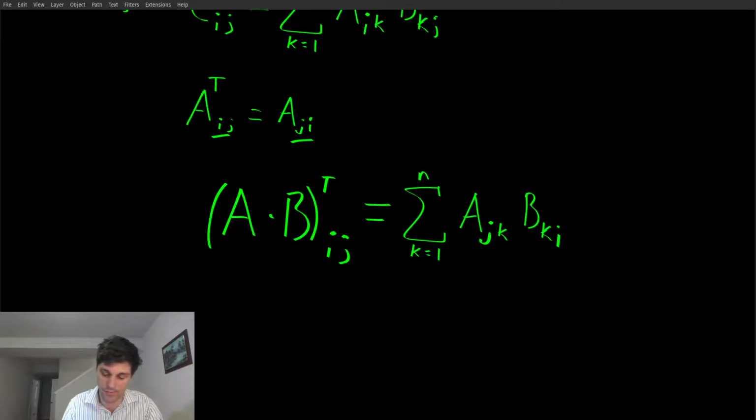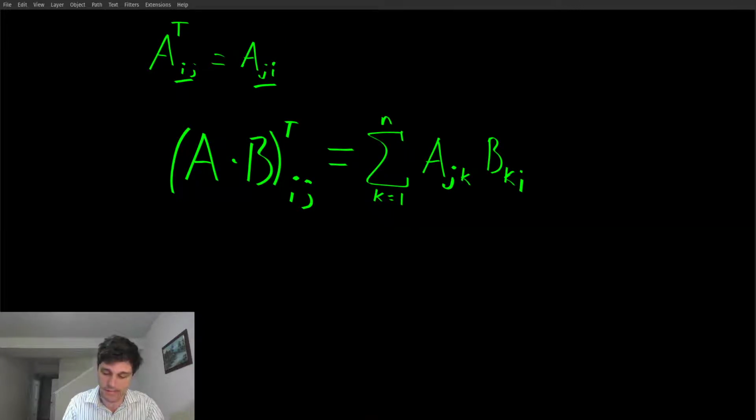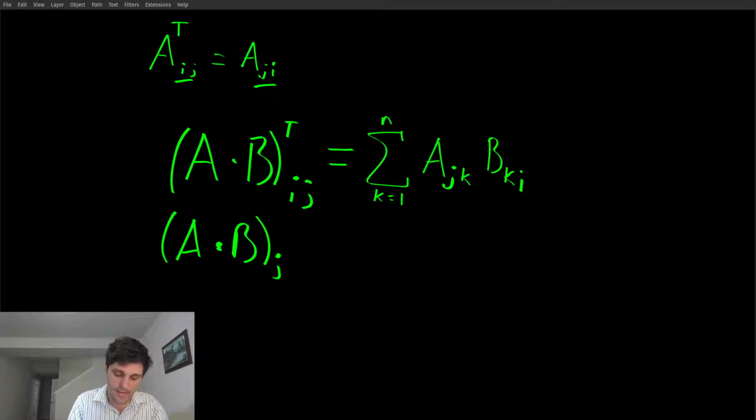So just combine those two pieces, and I get the sum of A jk B ki, because this thing is equal to (A times B) at ji, like that, right?